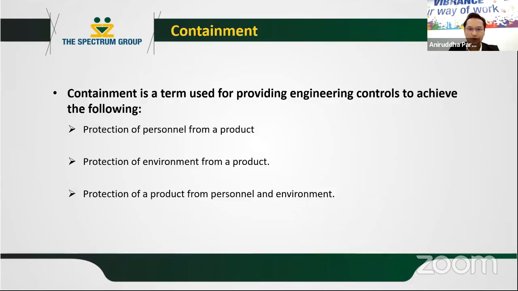And then protection of the product from personnel and environment, which is basically a GMP requirement. In any kind of pharma manufacturing, you intend to protect the product from personnel and the environment.